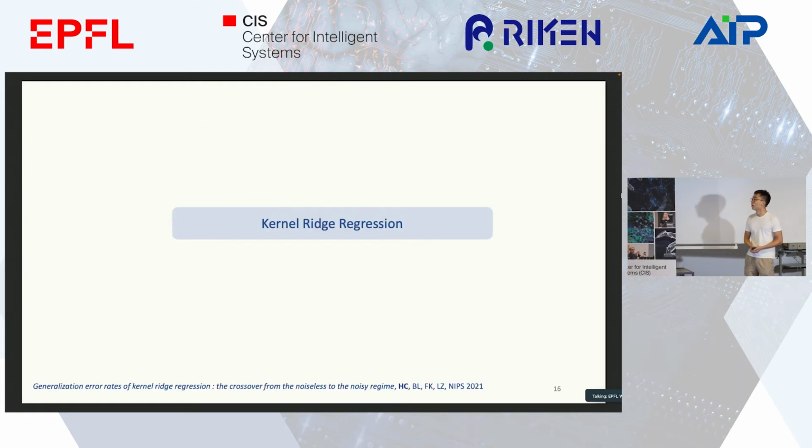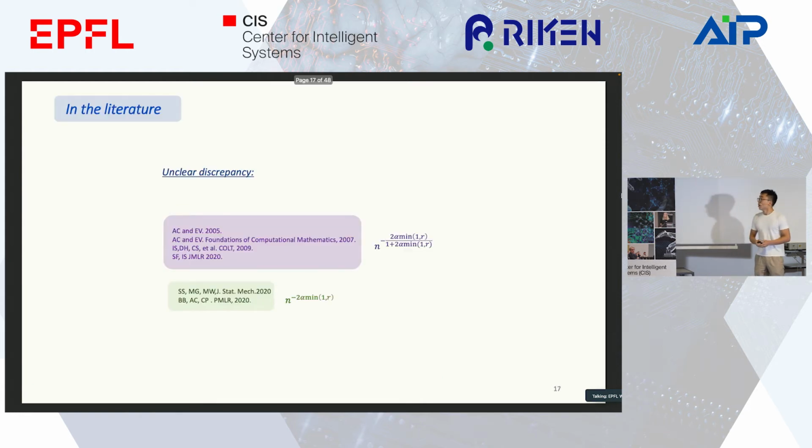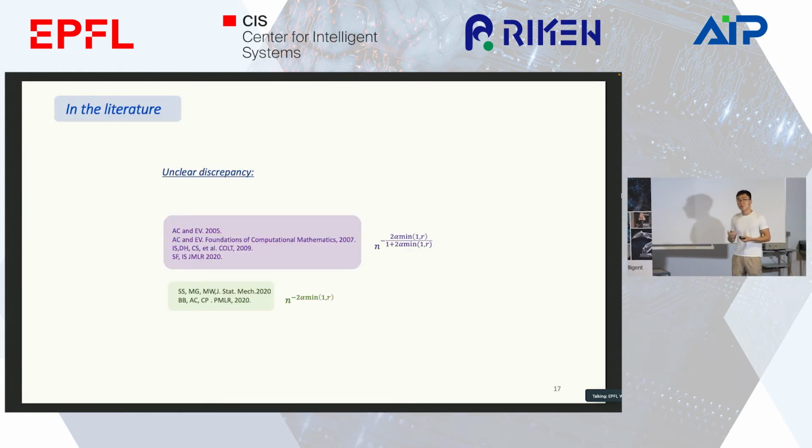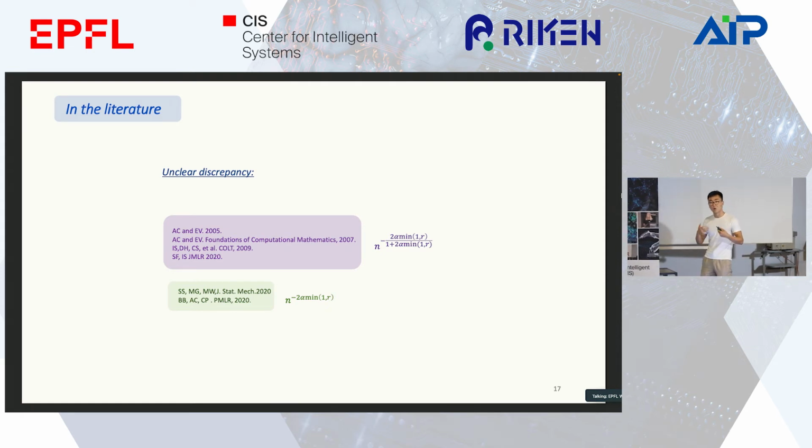So in the next part, I'll treat kernel regression. And then at the very end, I'll also speak about classification tasks. So analyzing the rate of decay for kernel methods is quite a natural question and has been already studied quite extensively in the literature.